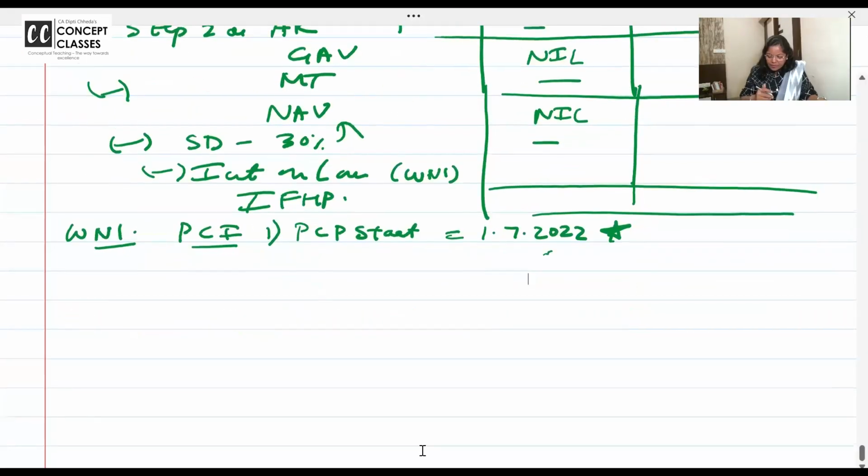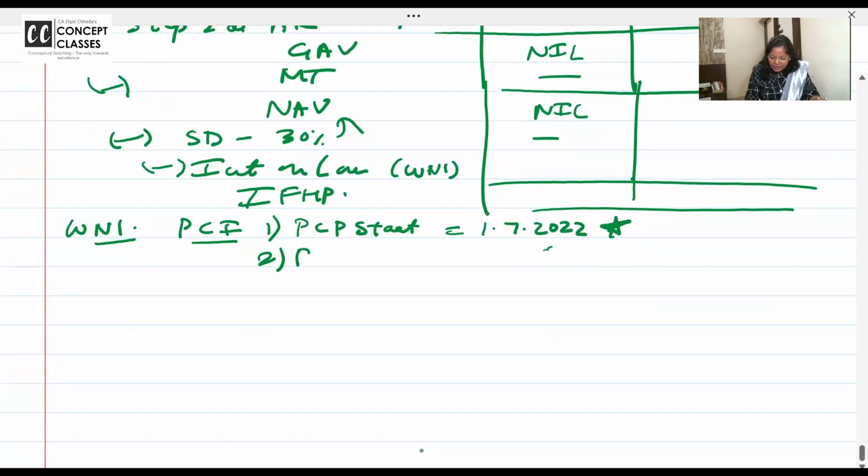So digest this logically. B started the construction in April but doesn't need the money, so he took the loan in July. So the pre-construction period will not start from April. For interest, it starts from whichever is later, July. Make it clear to yourself, okay?